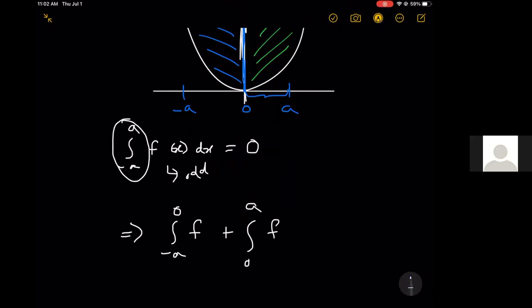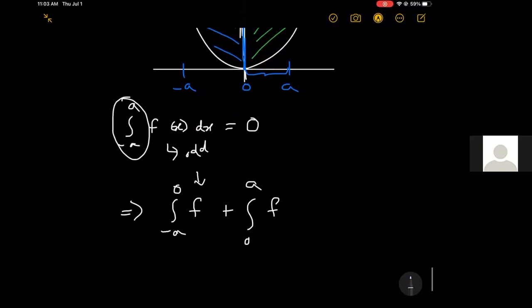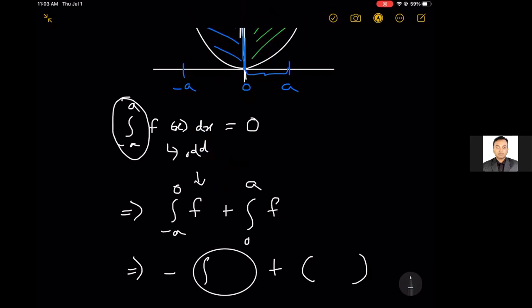For this part, x is negative, so you'll have the negative of whatever you have here. And this part is exactly the same, but since you have a negative here and positive here, they will cancel each other out and give us 0.